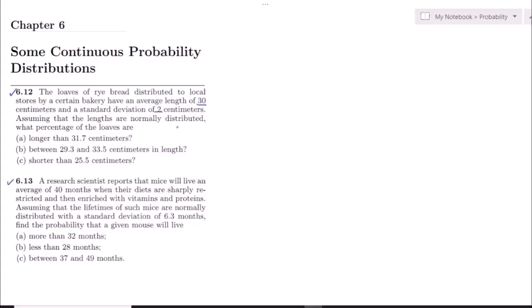Assuming that the lengths are normally distributed, what percentage of the loaves are A, longer than 31.7 centimeters, meaning the probability that X is greater than 31.7 centimeters; B, between 29.3 and 33.5 centimeters, meaning the probability that X is greater than 29.3 centimeters and less than 33.5 centimeters; and C, shorter than 25.5 centimeters, meaning the probability that X is less than 25.5 centimeters.